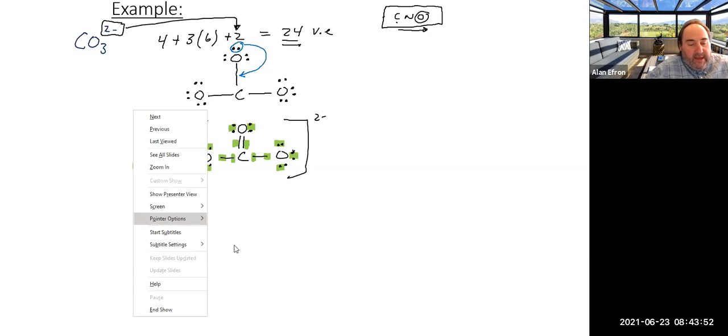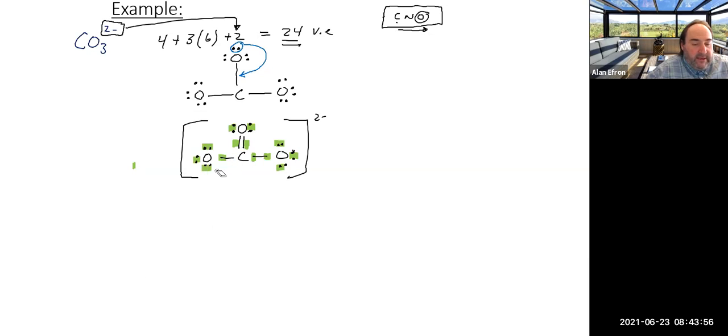Everybody there now has a grand total of 8 electrons around it. Everybody meets the octet rule. And more importantly, in addition to meeting the octet rule, we have now only placed on this picture still the 24 electrons. So 2, 4, 6, 8, 10, 12, 14, 16, 18, 20, 22, and 24 electrons.